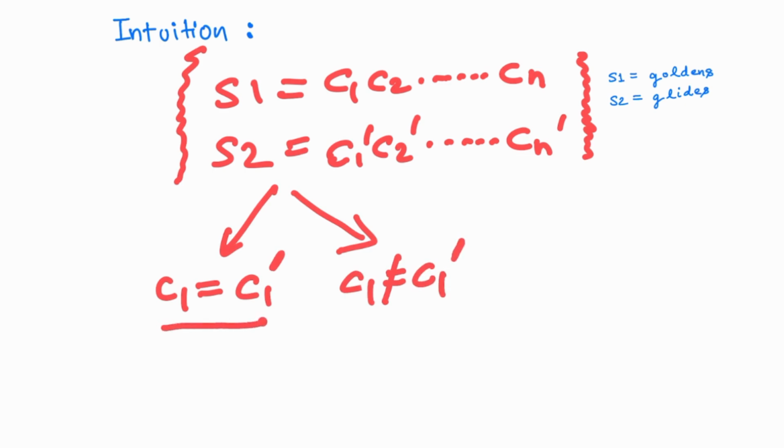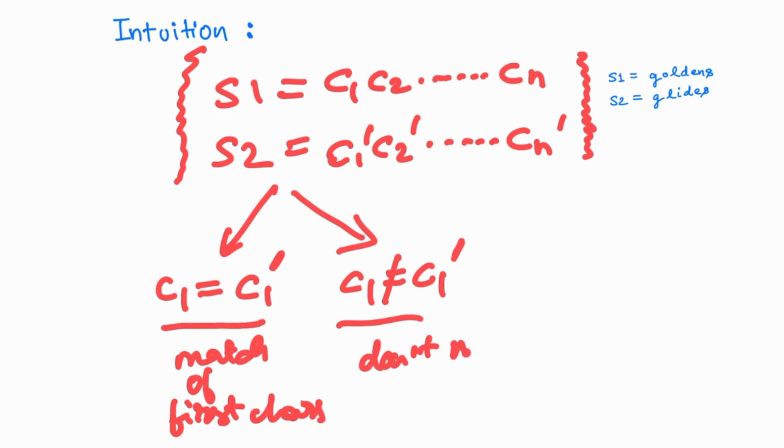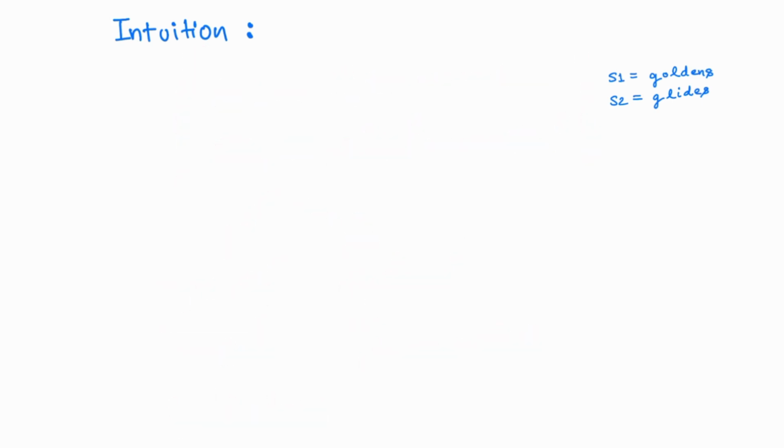Basically, either the first characters match or they don't match, right? In the given example strings, for instance, the first characters match. But we could also have an input where the first characters don't match. For example, if this G in S1 would have been X, then our first characters won't be matching.